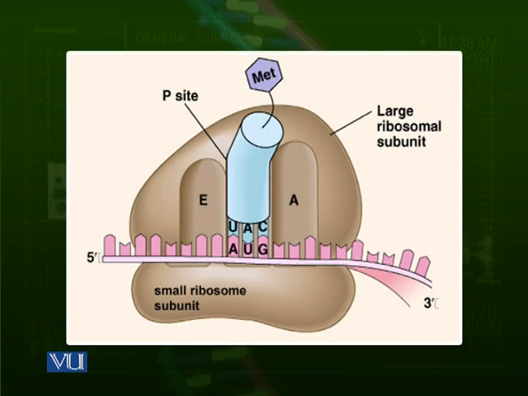Due to this movement, the first transfer RNA, which brought the first amino acid, methionine, according to the AUG codon, is released from the E site. Now the second transfer RNA is on the E site, the third transfer RNA is on the P site, and the A site is again free.